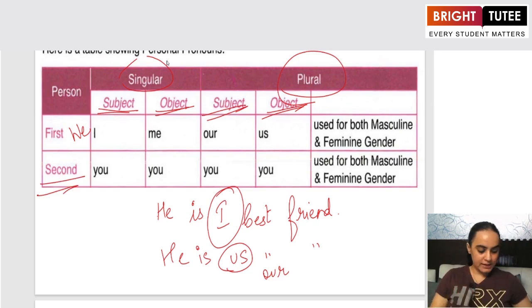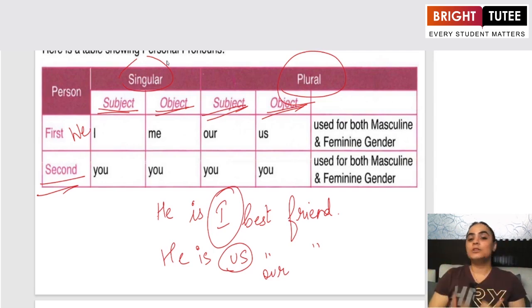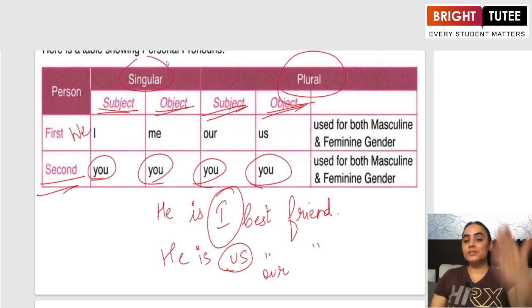Okay? Then comes the second person. Now, what is the second person? If I am the speaker, I am always talking to you. There's somebody I'm talking to. So the direct person that I'm talking to, that is the second person. And that is you. I'm always talking to you. Right? I talk to you.